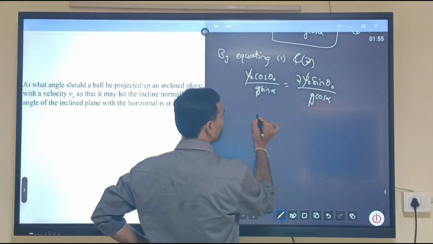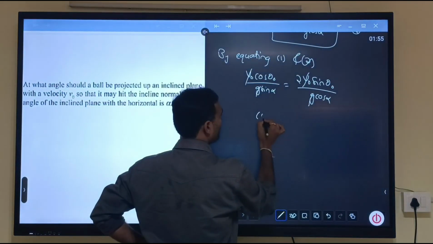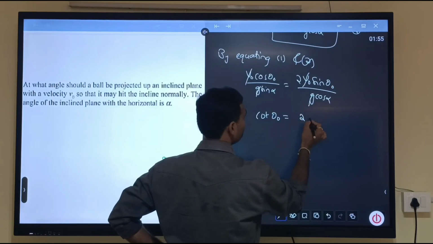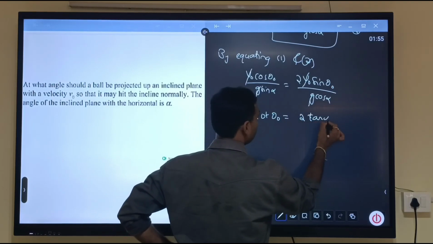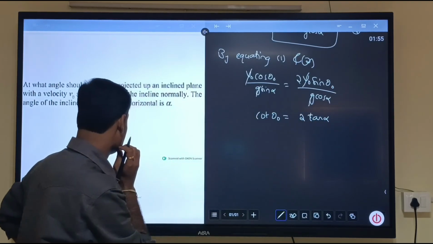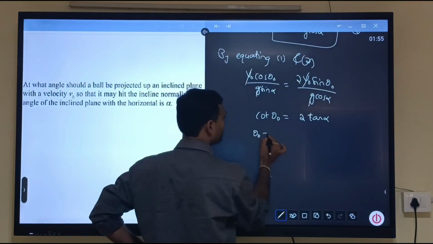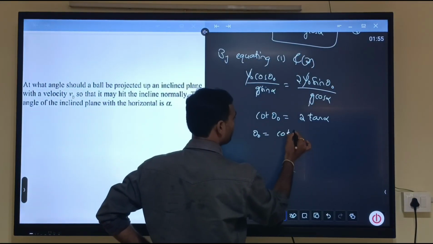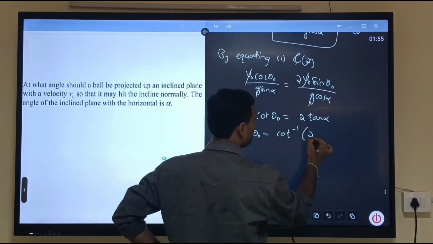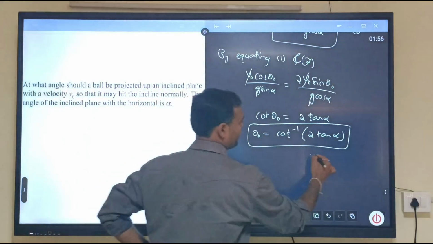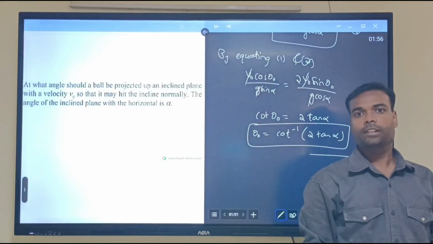Now, this will be cot theta naught is equal to 2 tan alpha, and obviously they are asking us to find theta naught. So, theta naught is equal to cot inverse of 2 tan alpha. This is the equation.